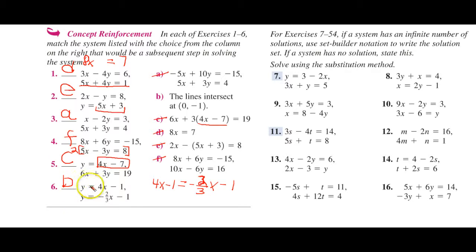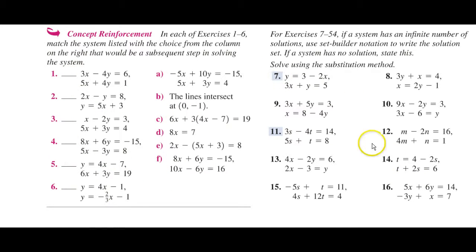And when both of them equal each other, y equals y, well then this equals this. And you would solve this. To get rid of the fractions, I would multiply everything by 3. And hopefully that's what you would get. Okay.